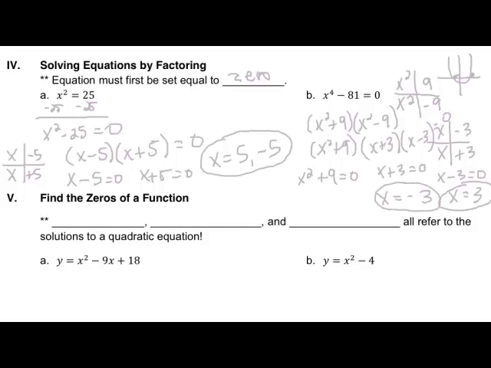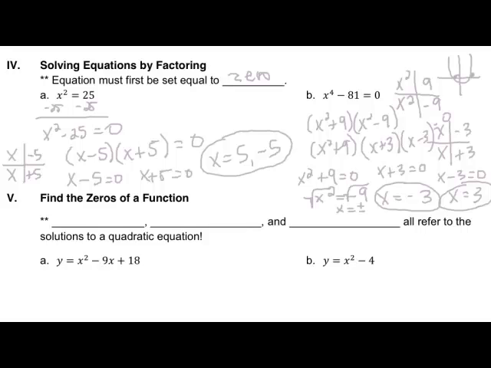Now notice we have x squared plus 9 equals 0. We first want to get our x squared all by itself, so we're going to subtract 9. We have x squared equals negative 9. To get rid of a square, if you remember from Algebra 1, the inverse of a square is the square root. So we're going to take the square root of both sides. That gives us x equals, and with the square root we have to do plus or minus.